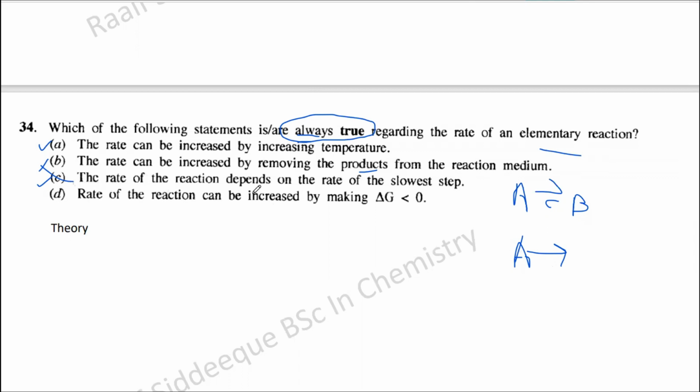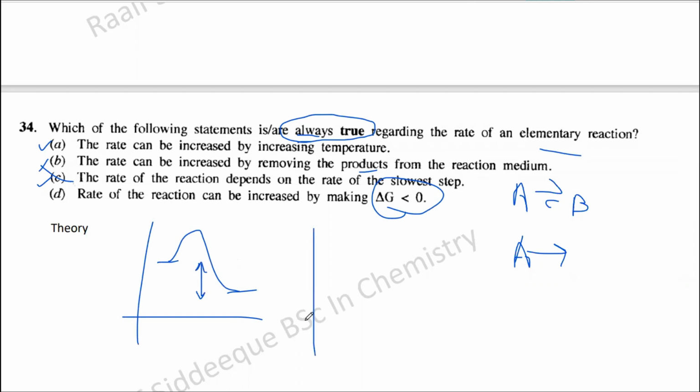The rate of the reaction can be increased by making delta G more negative. So delta G is like this. So you have, let's say, this type of a reaction where delta G is negative. Okay, so this is negative. There can be another reaction with the same activation energy and the delta G is positive.